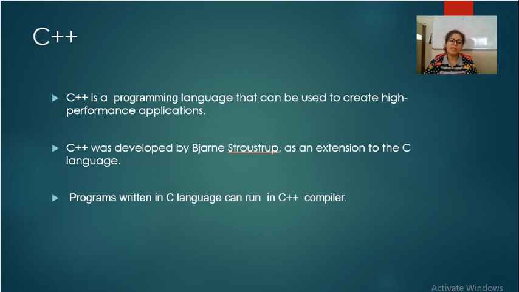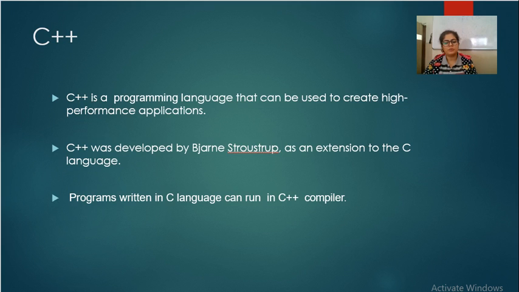So C++ has some features of the C language, as well as many new features as compared to C. There is a lot of difference between C and C++, but C++ was developed after C. That's why C++ is an extension of the C language.